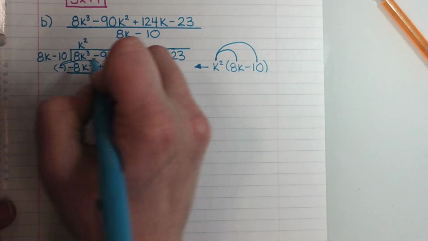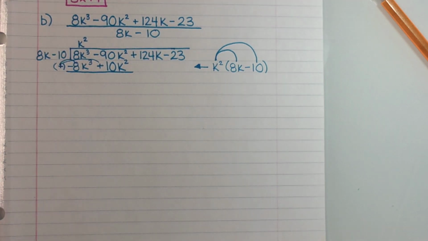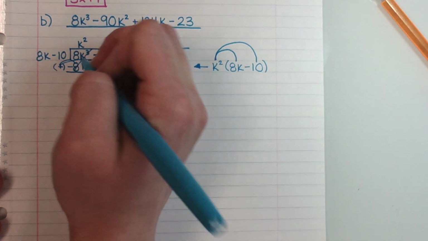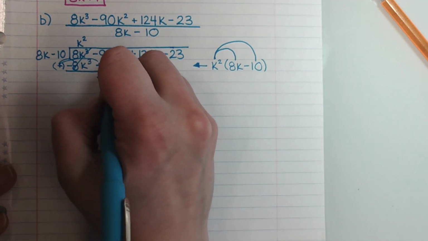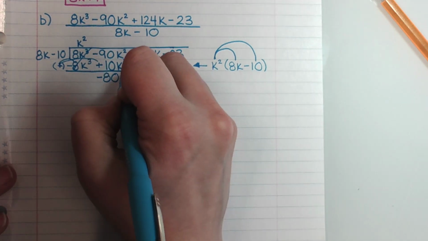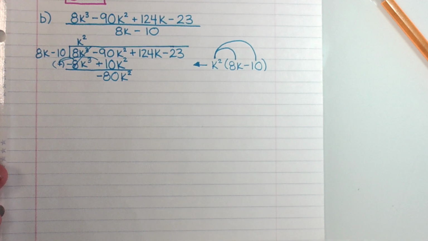Distribute the negative there, I get positive. And now I'm going to add. 8k cubed minus 8k cubed cancels. Should it cancel? Yes, always. Negative 90k squared plus 10k squared is negative 80. Don't forget the k squared.